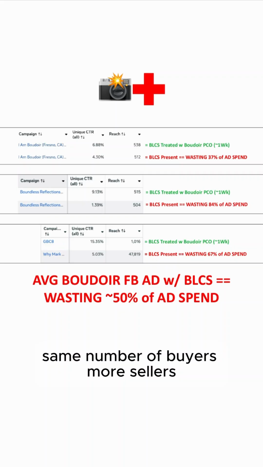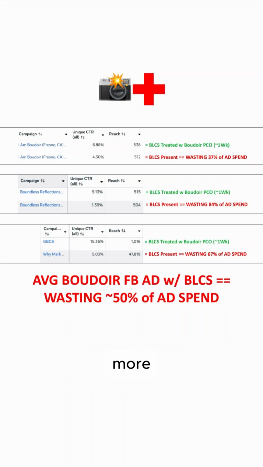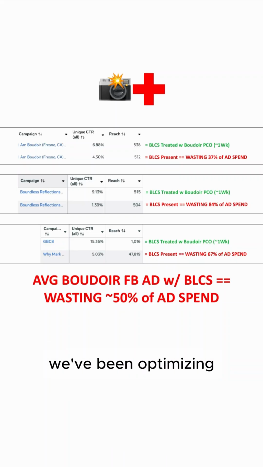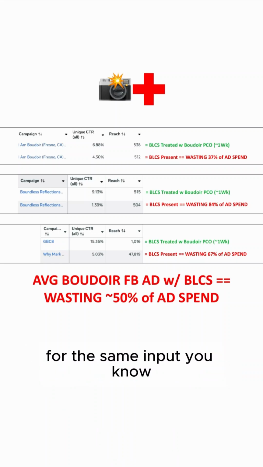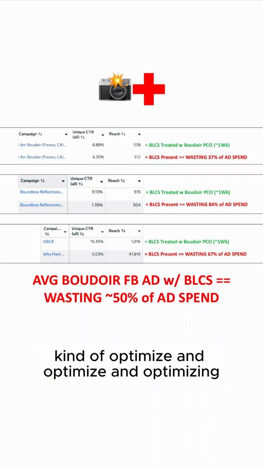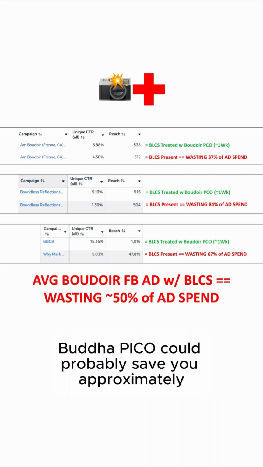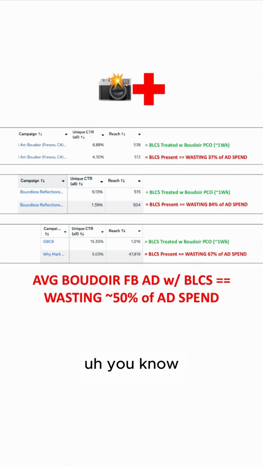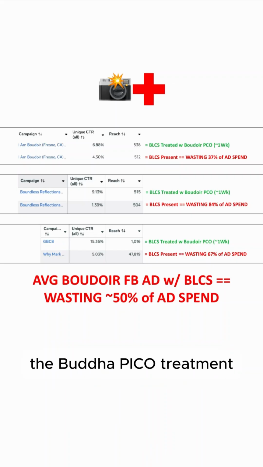Same number of buyers, more sellers, and we're also seeing more inflation, more increasing cost of living, and we've been optimizing other parts of our business to extract more profit out for the same input. And you see that with Boudoir Pico, which could probably save you approximately 5K a month on average, 60K over the next 12 months with the Boudoir Pico treatment.